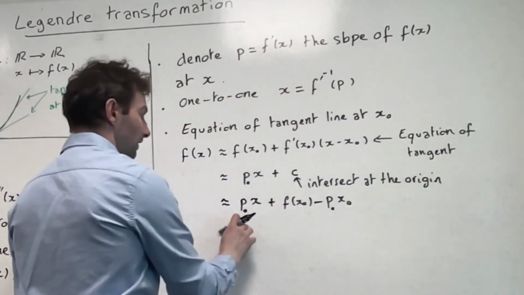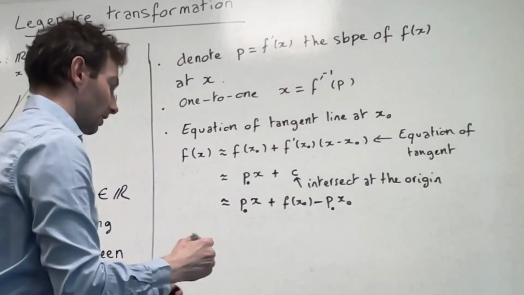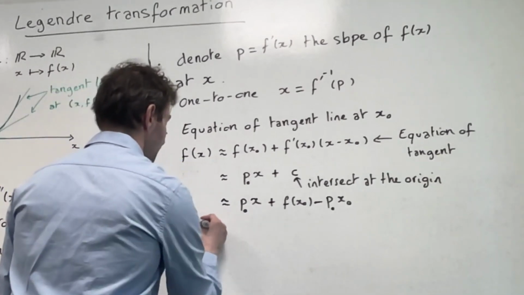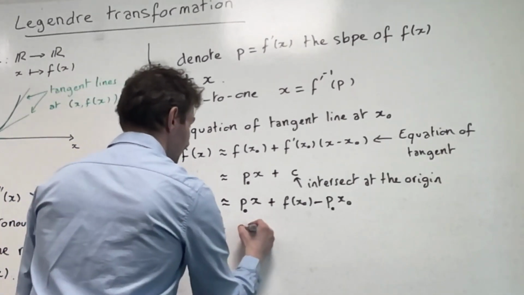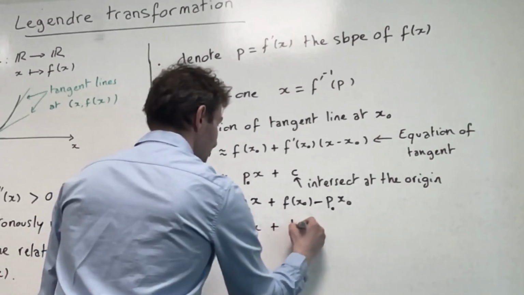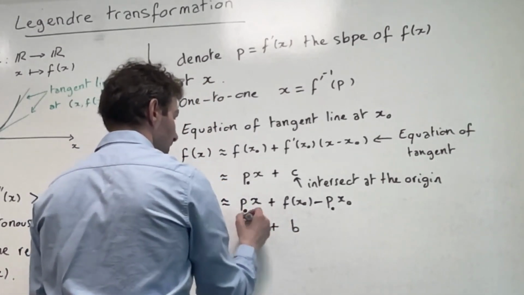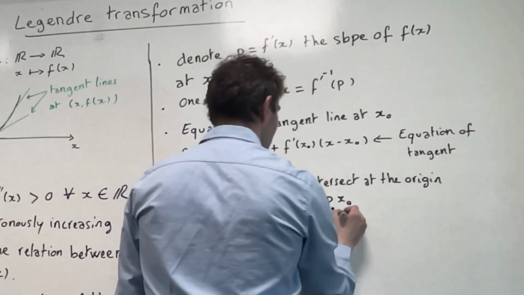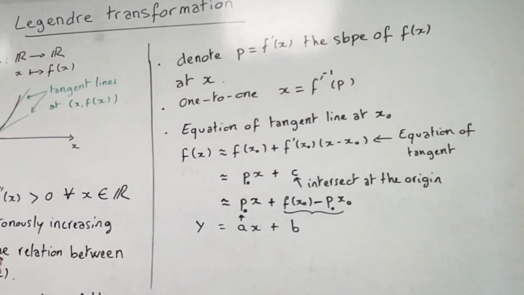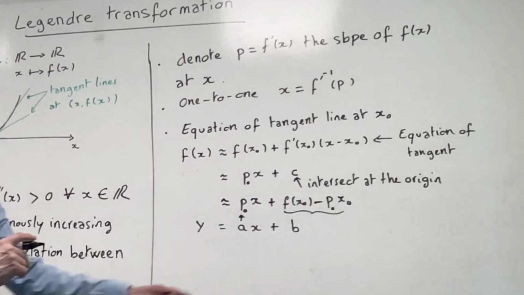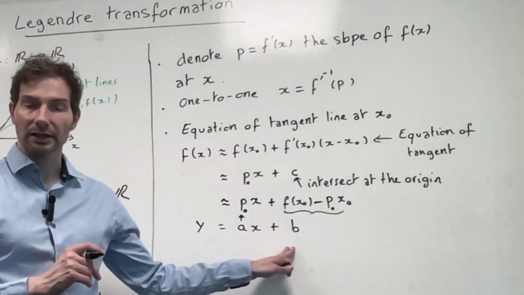Okay, so here, remember, if you write y equals ax plus b, basically here, this is a, and the b is actually all of that. Okay, so that's basically what I'm representing.